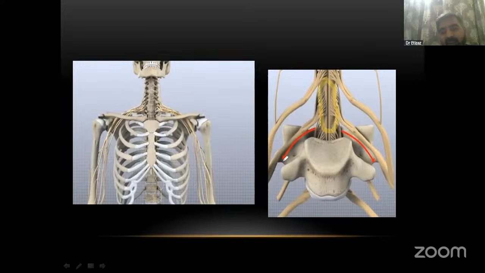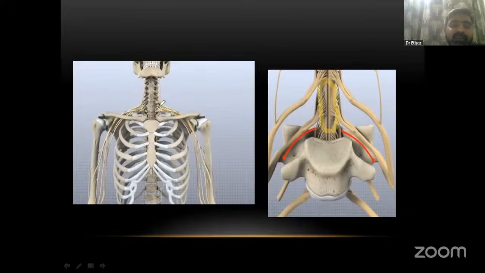This is the groove we have seen previously, the groove for the spinal nerve. This is the nerve coming from the spinal cord going downward as the spinal root. There are 7 cervical vertebrae, but there are 8 cervical spinal nerves. Later on, you can see a good picture of this.